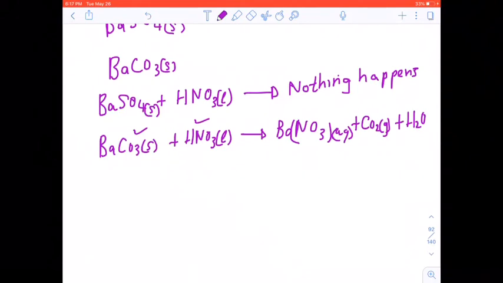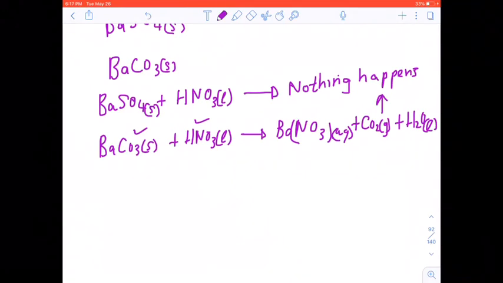So we got barium nitrate, carbon dioxide that's given off, and we got water.